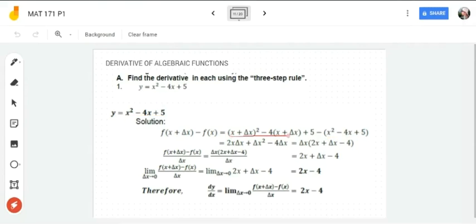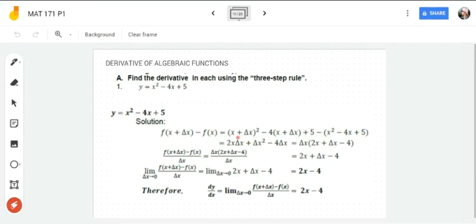So simplifying this equation, which is (x plus delta x) squared minus 4 quantity (x plus delta x) plus 5 minus quantity (x squared minus 4x plus 5). If we simplify that, we will have x squared here, but x squared will be cancelled out with this negative x squared here.